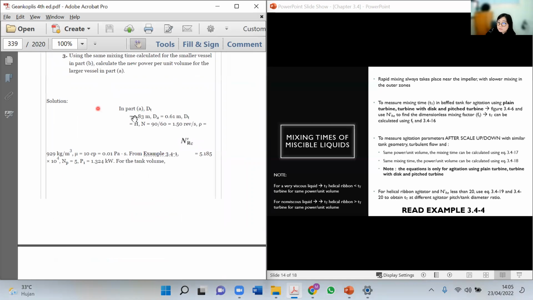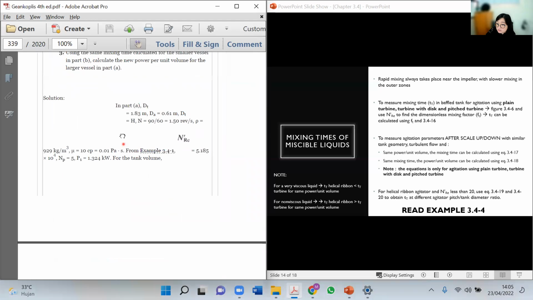In part A, we know from example 3.4-1 that dT equals 1.83, dA equals 0.61, and the liquid height is also 1.83, and N is 90 revolutions per minute or 1.5 revolutions per second.